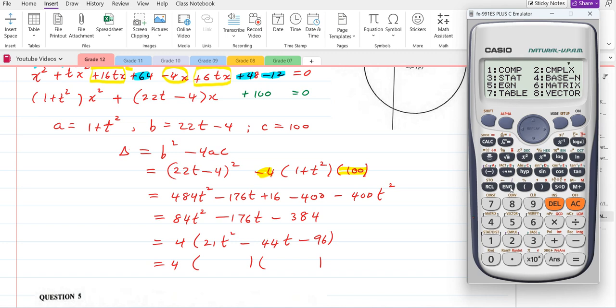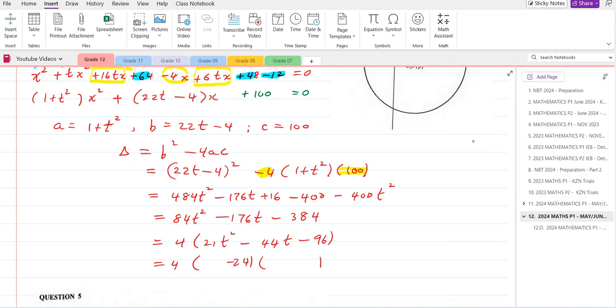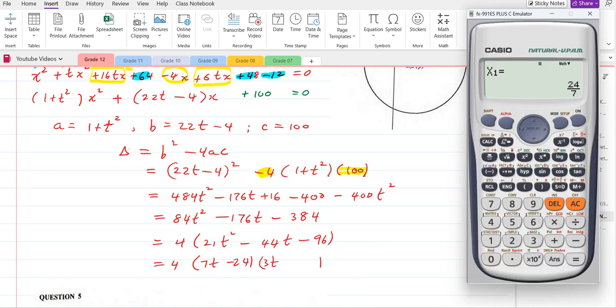Mode 5 3, I've got 21, minus 44 and minus 96. So I'm getting 7t minus 24 here, and 7t, so I must get 3t here, right? 3t plus 4.